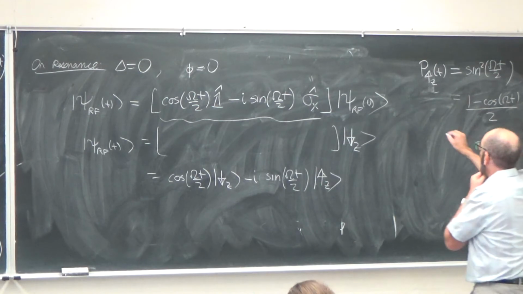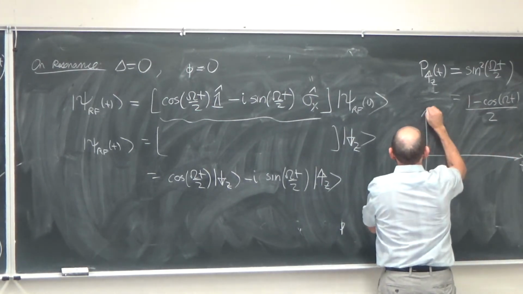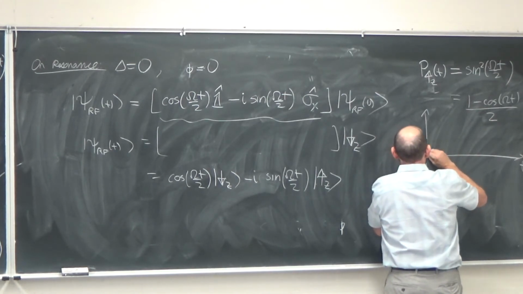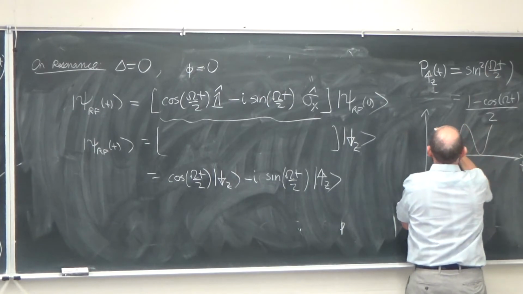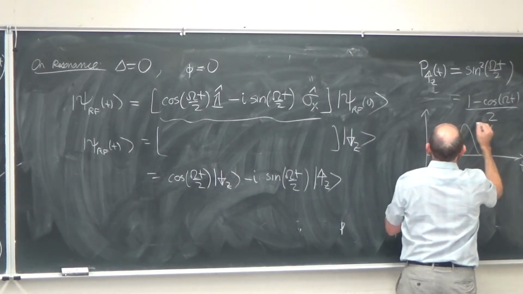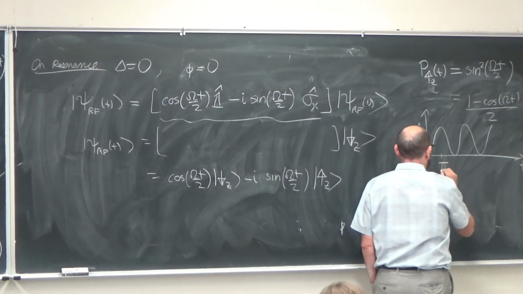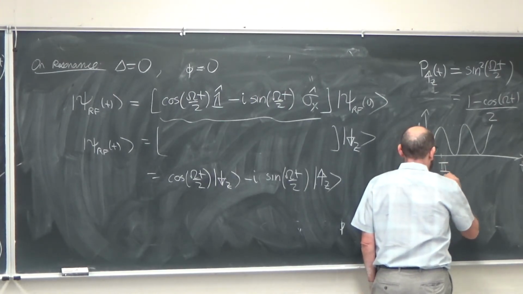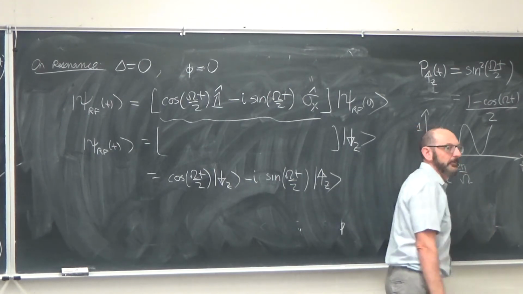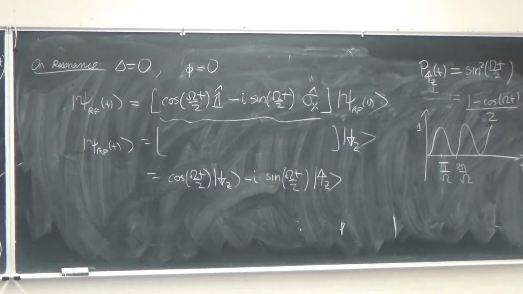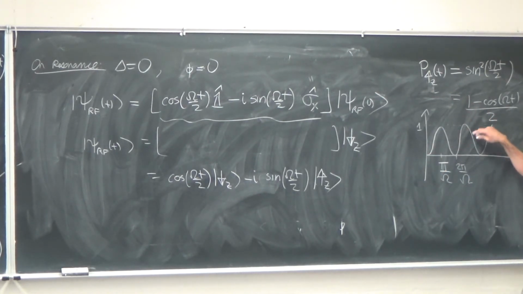So if I were to plot this as a function of time, what I would find is the following. The population in the excited state oscillates.